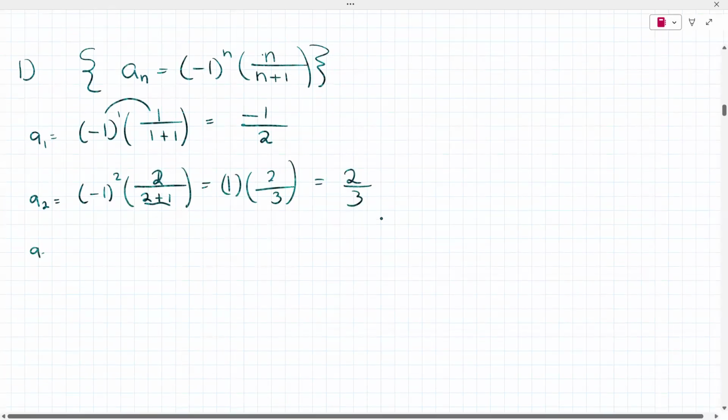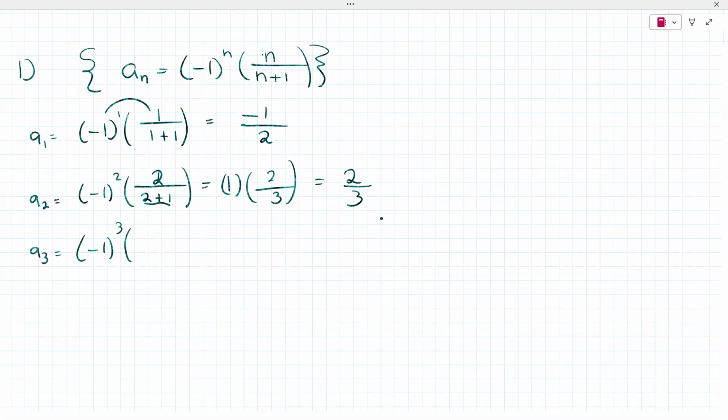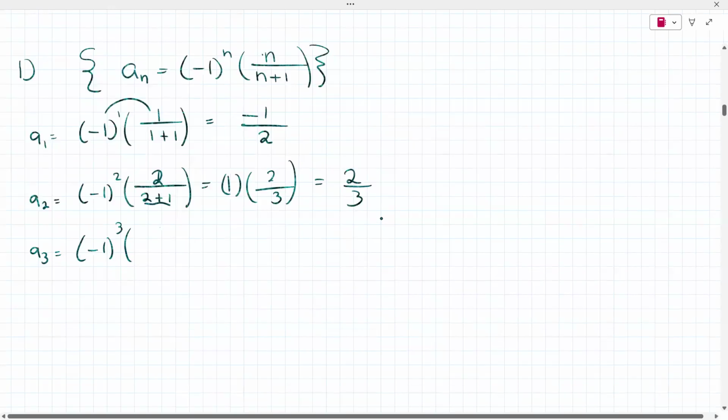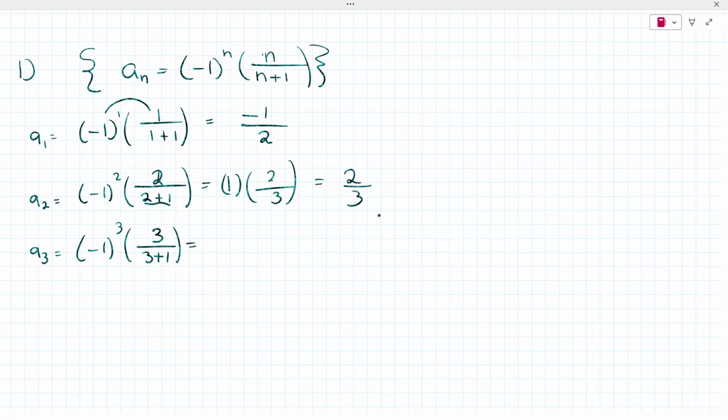Okay, the third term is -1 to the third, and then 3 over 3 plus 1. Negative 1 to the third is negative 1. And 3 plus 1 is 4. Put it all together, negative 1 times 3/4 is negative 3/4.